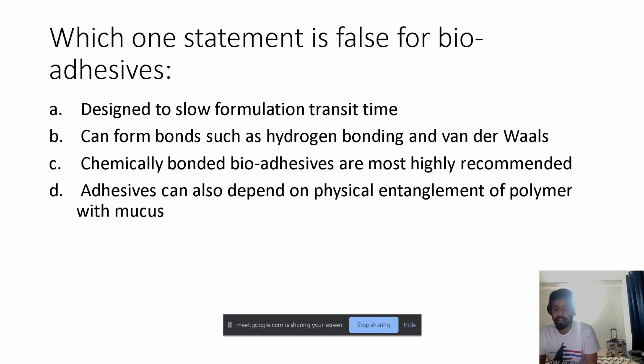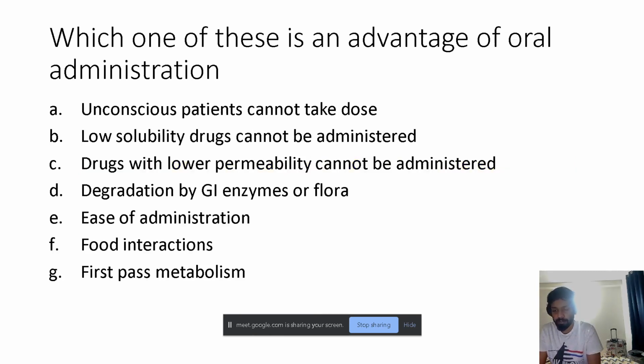So you don't want chemically bonded bioadhesives, because chemical bonds are much stronger and much more, quote unquote, permanent compared to physical bonds, which can easily come off. It'll also change the surface chemistry of your cells as well. So you would not want chemically bonding bioadhesives.